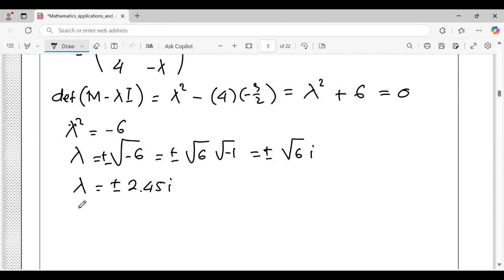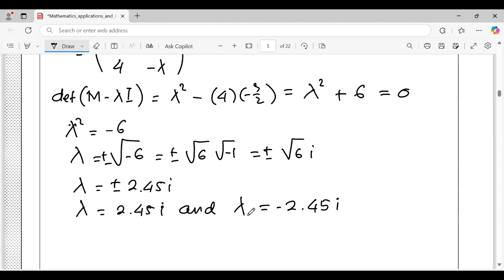So there are two values of lambda. Lambda equals 2.45 i, and lambda equals minus 2.45 i. So these are the eigenvalues.